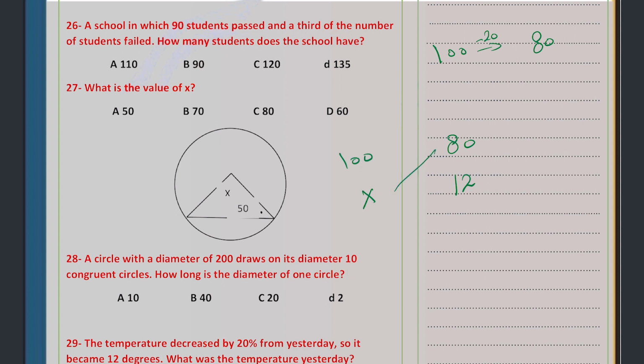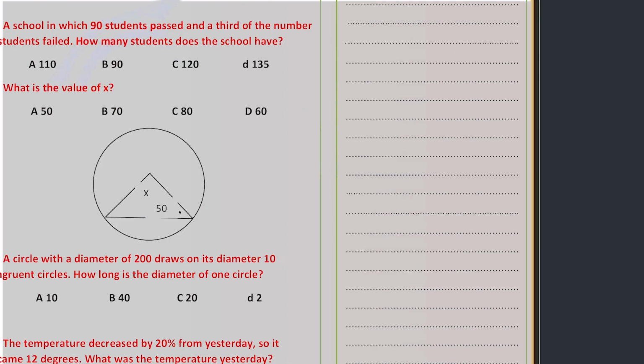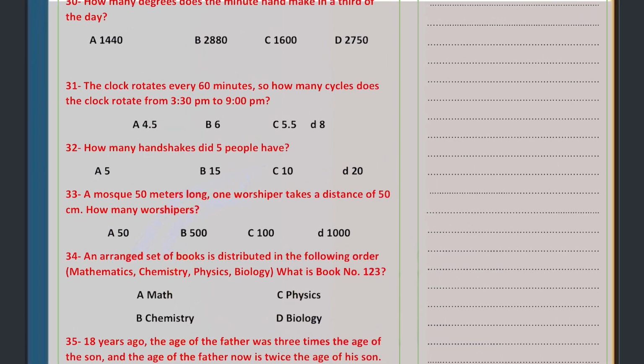We will use cross multiplication. 80 will be down and 100 times 12 will be up. Cancel 0 and 0, divide 4, 3, divide 4, 2, divide 2 by 1, divide 5, it will be 15 degrees, okay? This is question number 29, and we will take question number 30.